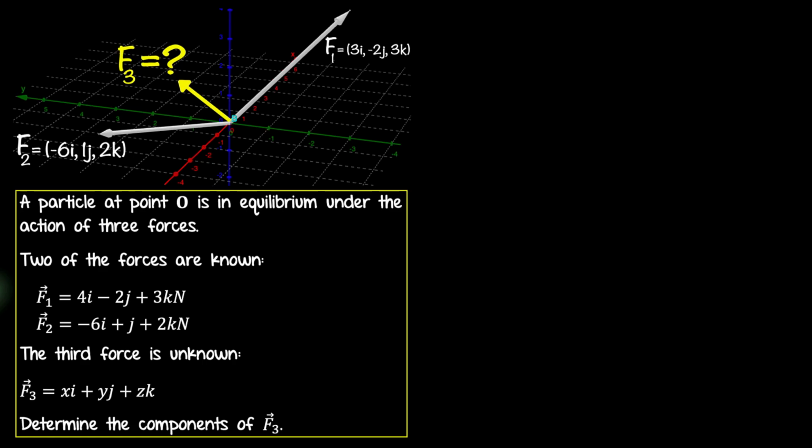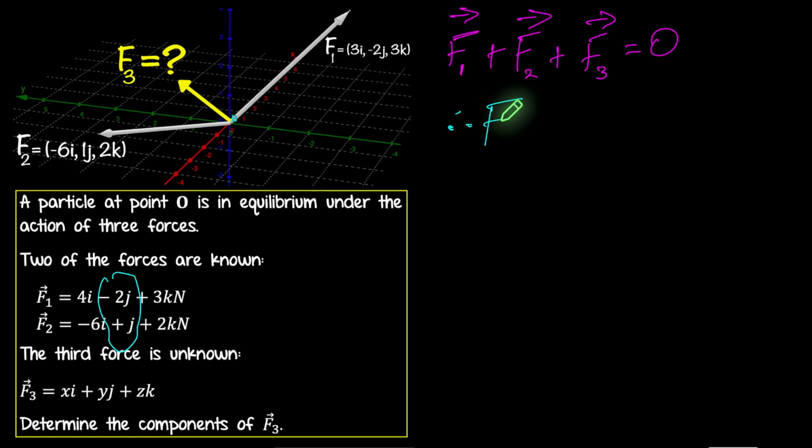What should happen here is that when we sum F1 plus F2 plus our unknown vector, which is F3, if these three forces are in equilibrium, then they should sum to give 0. So what we're going to do is apply this condition to find what we expect for that third vector. Therefore, what we need is F3.